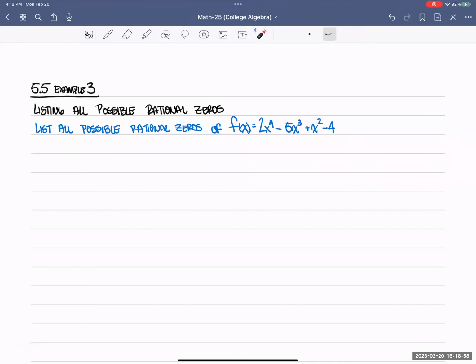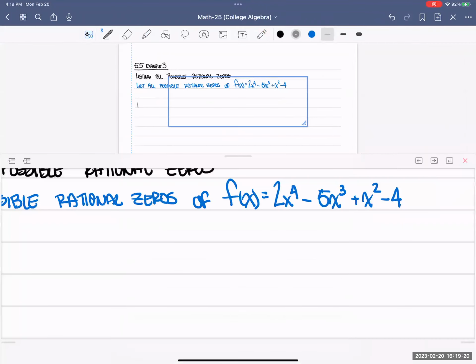So that's pretty much what we do here too for higher degree polynomials. We're looking at factors of the last number, so factors of 4, and also factors of 2. But we just look at factors of 4 divided by factors of 2. So all possible zeros are going to be of that form.